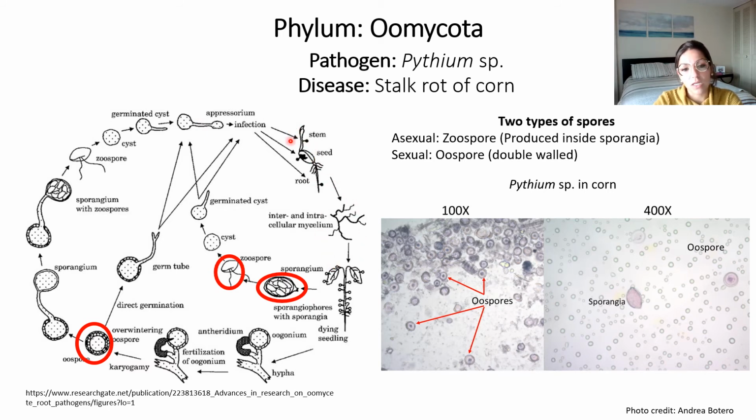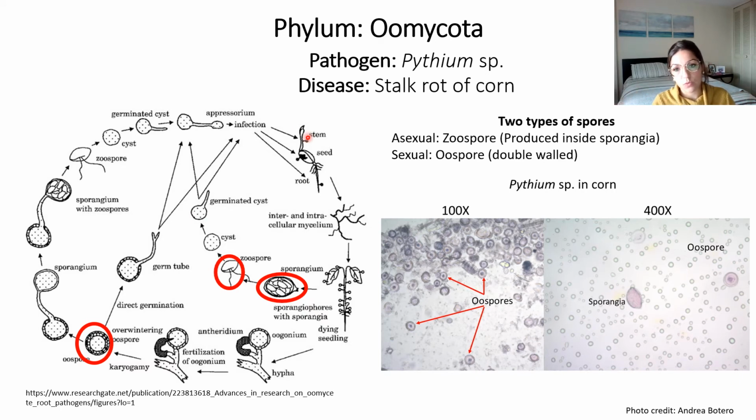Once it grows inter and intracellularly, producing the inter and intracellular mycelium, it produces asexual spores within a sporangium, and these new asexual zoospores can produce a cyst that germinates and reinfects.